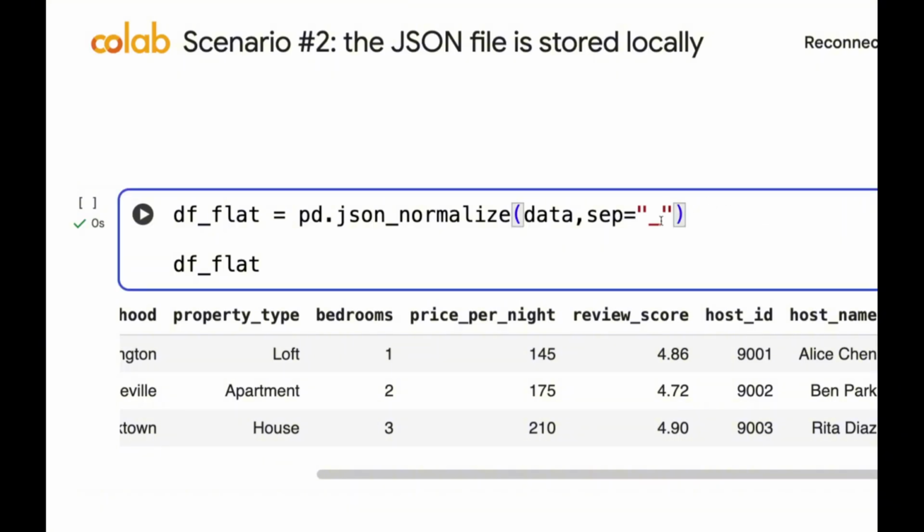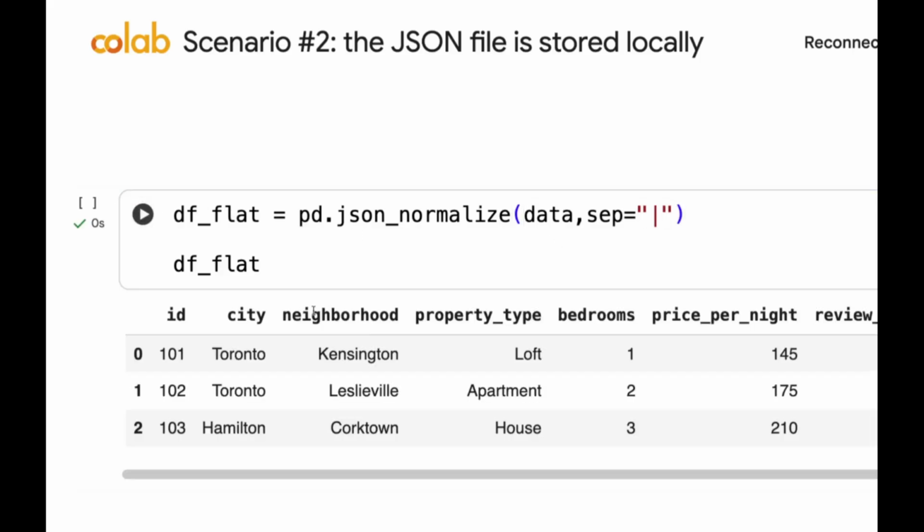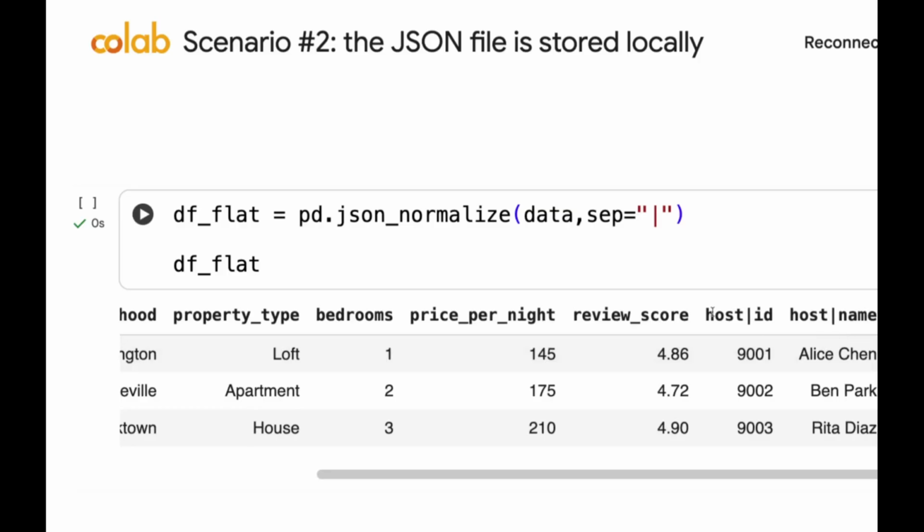You can also use a vertical line as the separation symbol, run it again, and you will see that now the top-level attribute and the inner-level attribute are separated by this new symbol. That's how we can get JSON data and use the json_normalize function to convert it to a normal pandas data frame.